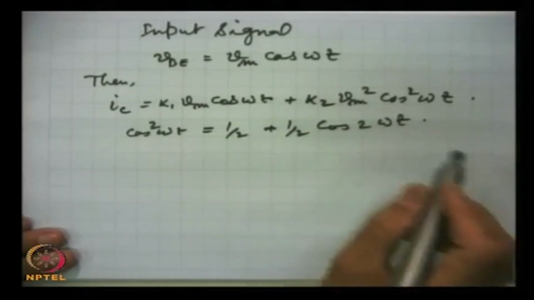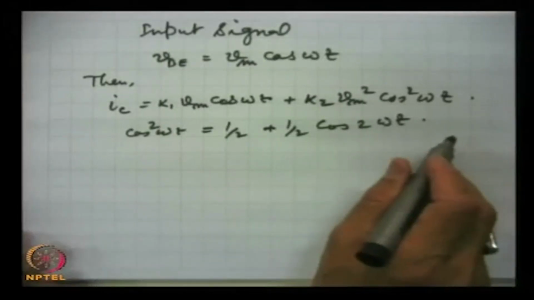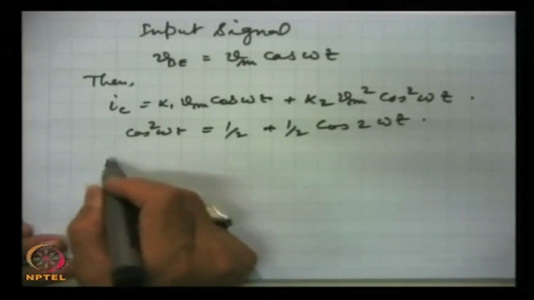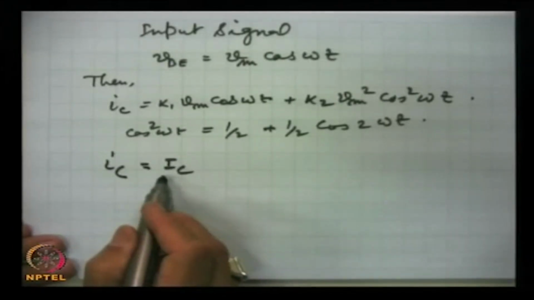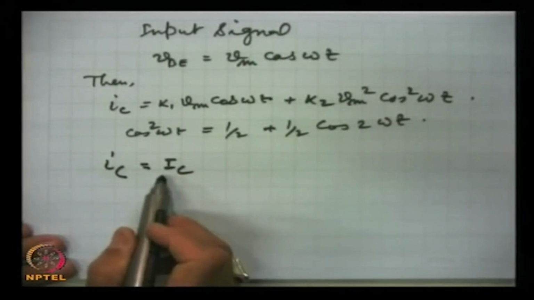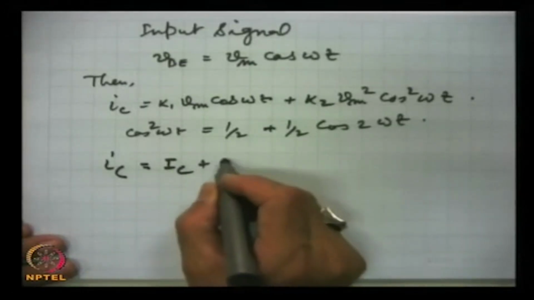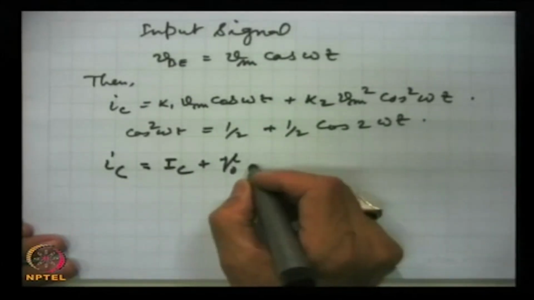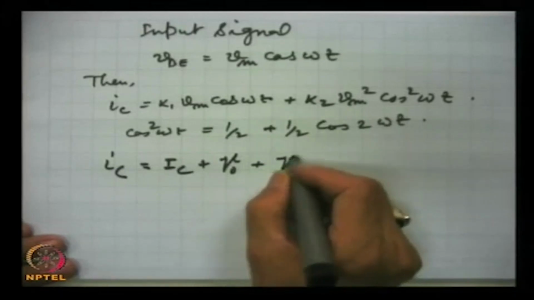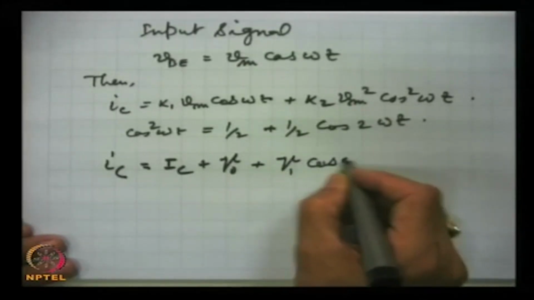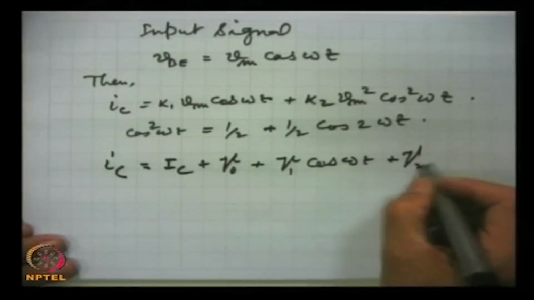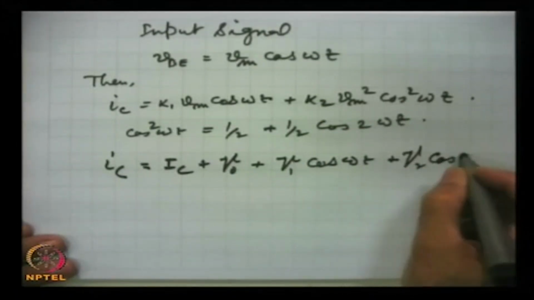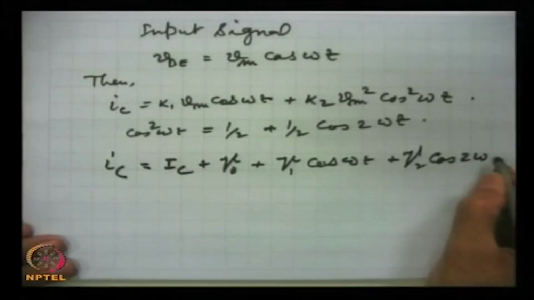So, we can replace that, and then IC will be gamma 0, which takes care of any DC component present, plus gamma 1 cos omega t plus gamma 2 cos 2 omega t.